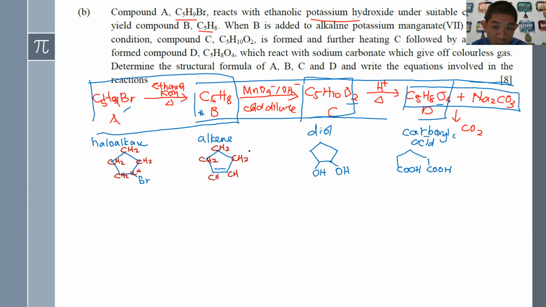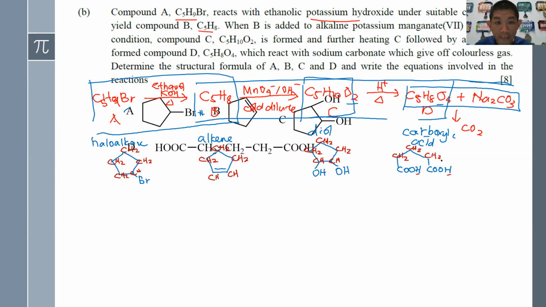Therefore, C5H8. Then you have CH2, CH2, CH, CH, CH2, therefore C5H10O2. Then here you have CH2, CH2, CH2, and if you count properly, C5H8O4. So very clearly this is how A, B, C, D look like. Then there you have all of A, B, C, D.